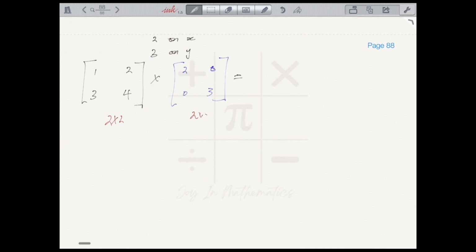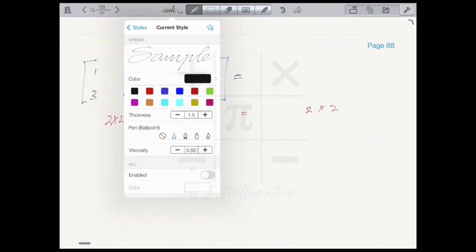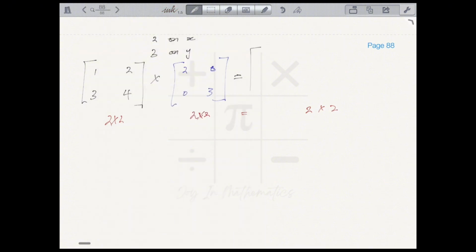Now, if we perform the matrix operation here, the good thing is that both are 2 by 2, and when the result comes out after it has been multiplied, we will get what? A 2 by 2 matrix. So with that being said, now let's evaluate the resulting 2 by 2 matrix. The first row multiplied by the first column: 1 multiplied by 2 plus 2 multiplied by 0.